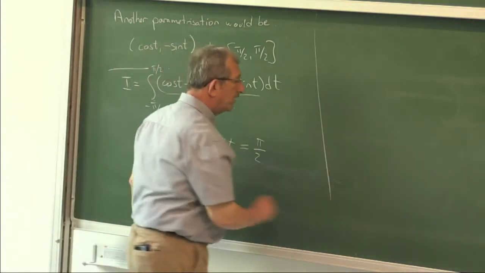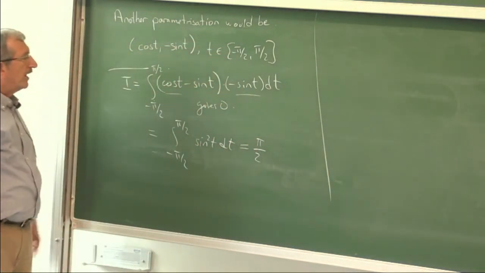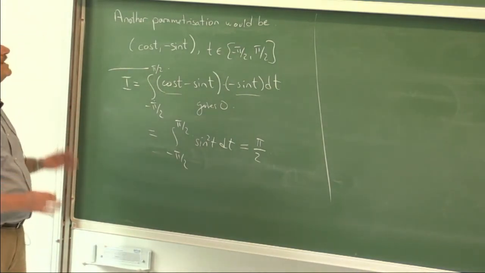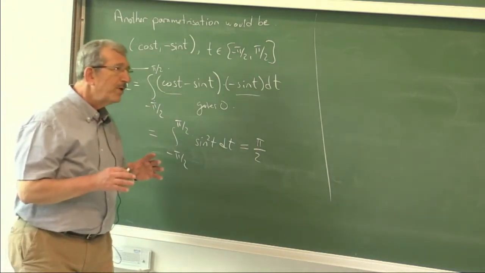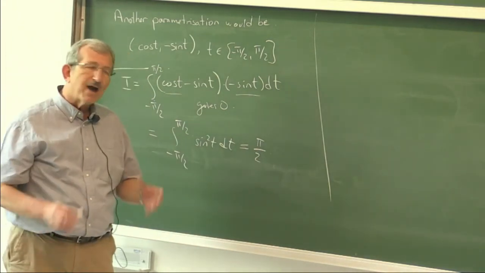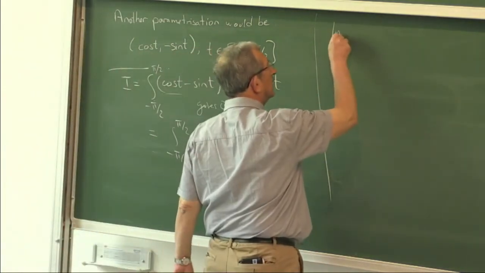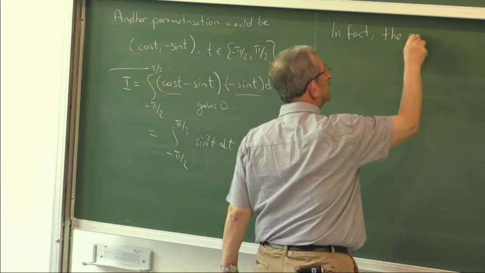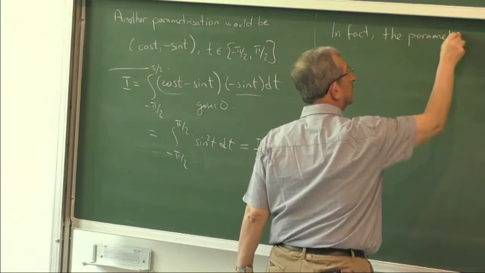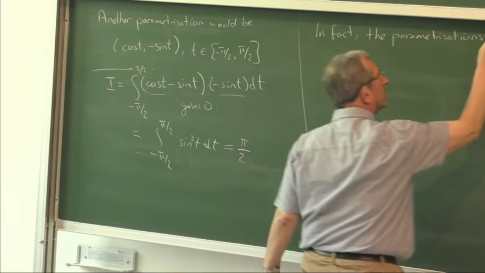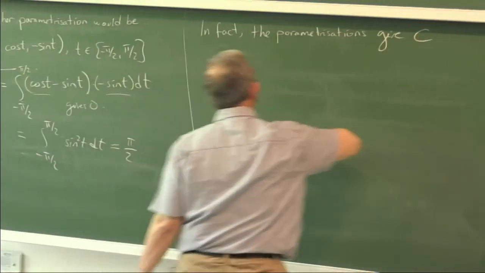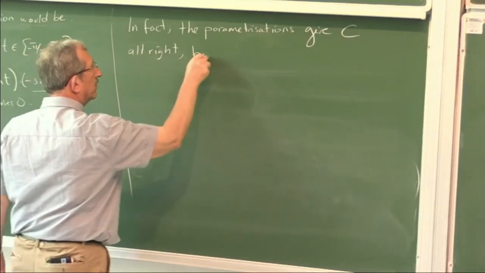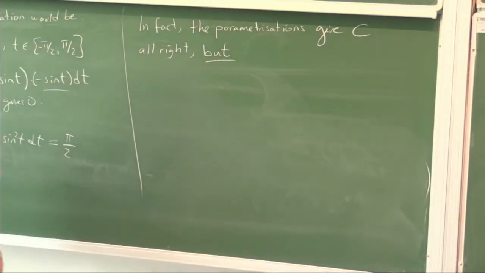Now, of course, the results are just oppositely signed. The point is that even though both parametrizations parameterize the curve C without orientation, these parametrizations give C, but in different orientations.